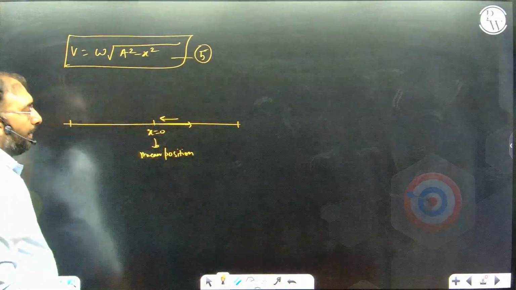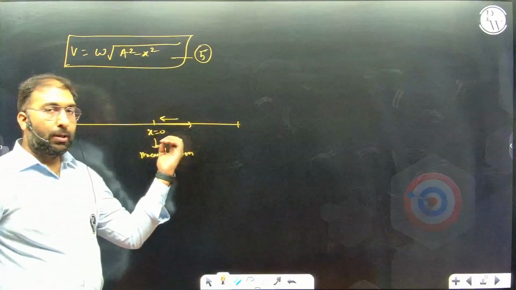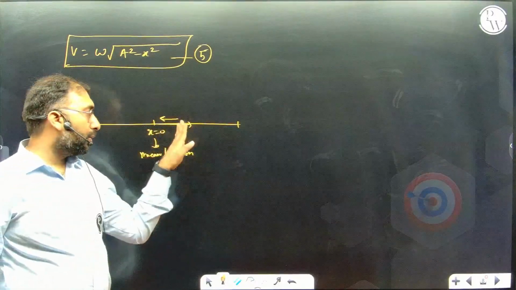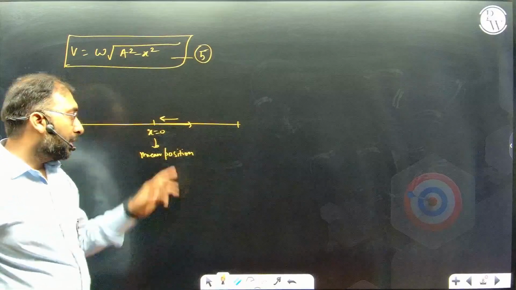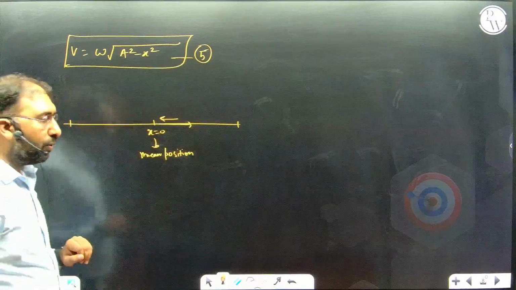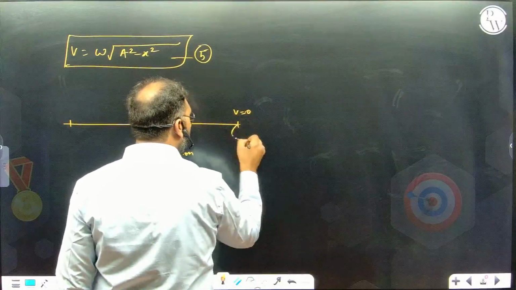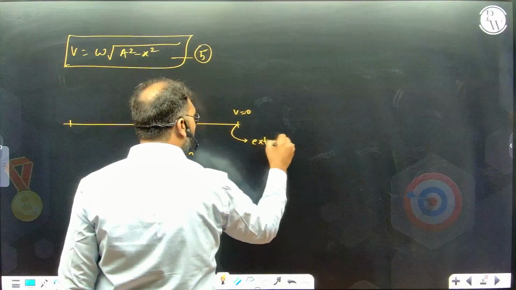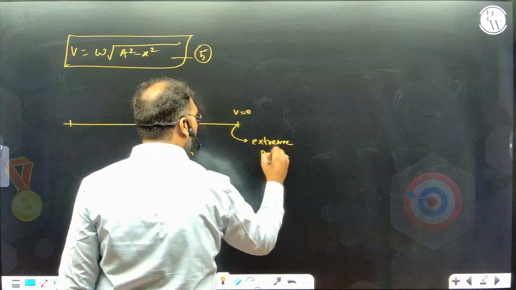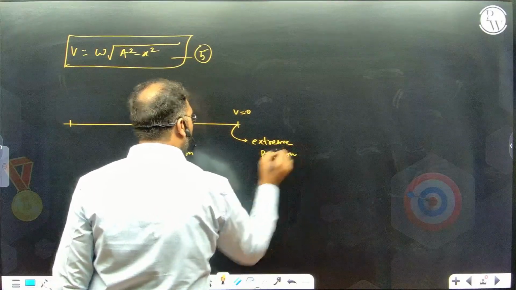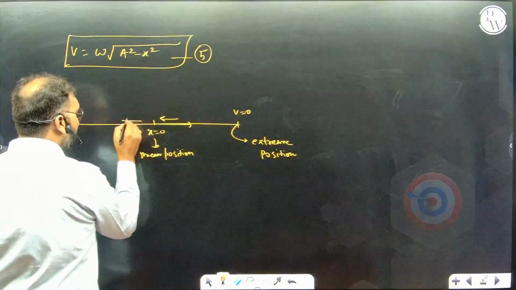So basically this force is trying to reduce the speed of the particle. So there will be a point where its velocity is going to be 0, and at this point the velocity becomes 0, and that's the reason I'm calling it an extreme position.